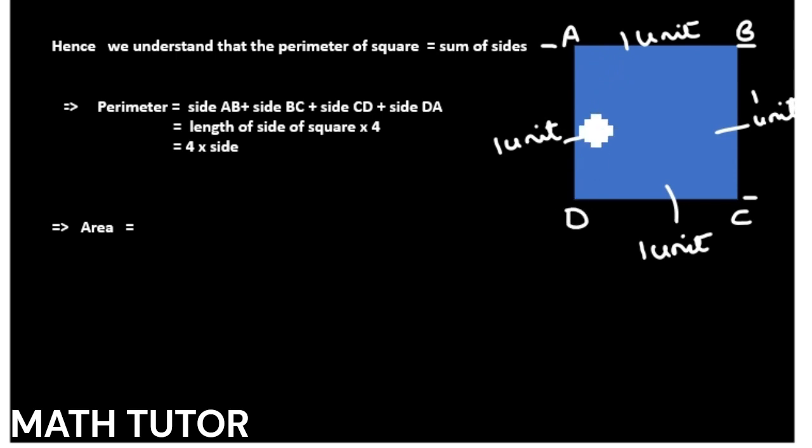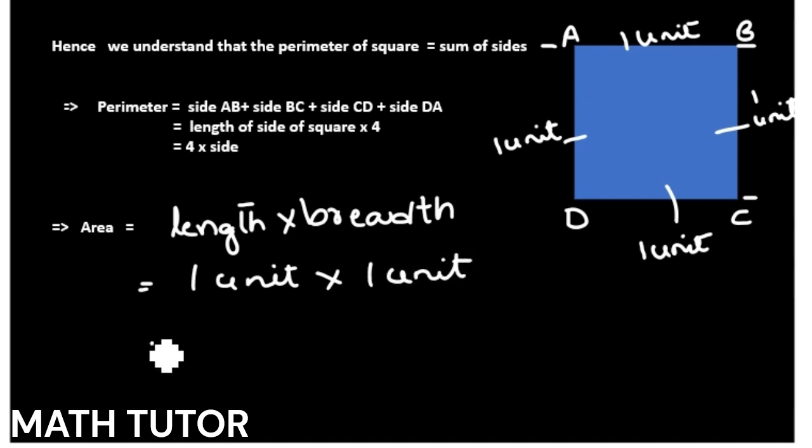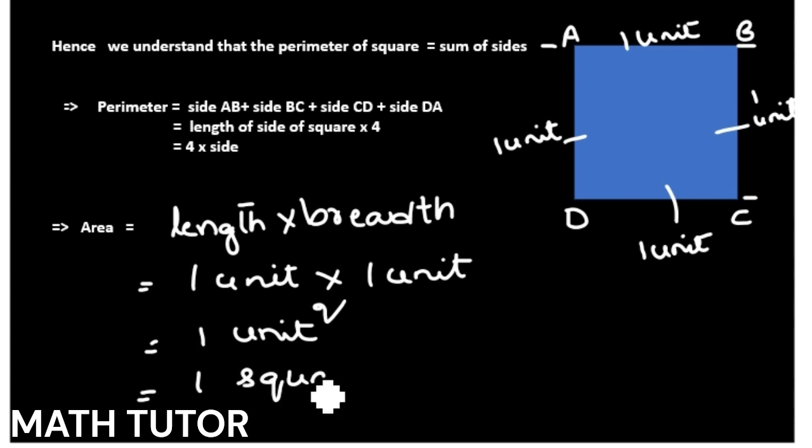The formula is length into breadth. Since the length of the side of a square is 1 unit and the breadth of the square is 1 unit, 1 unit square will be the area of the square, or you can write it as 1 square unit.